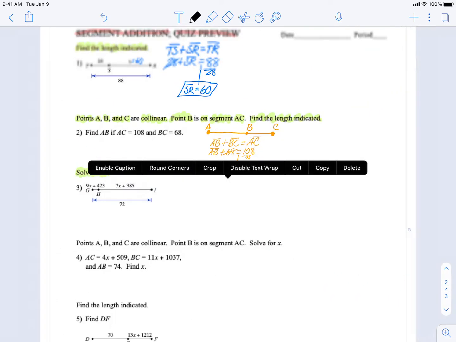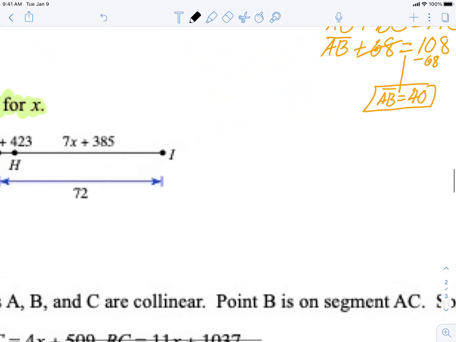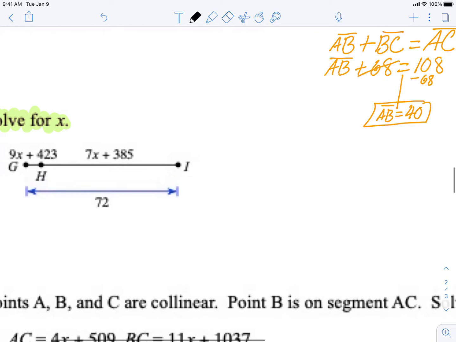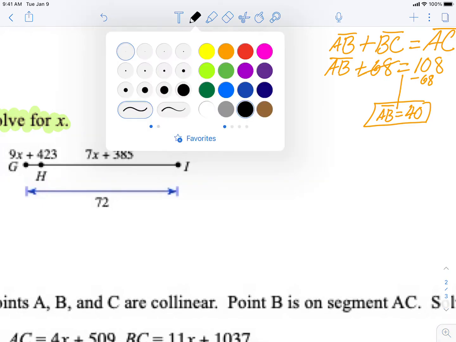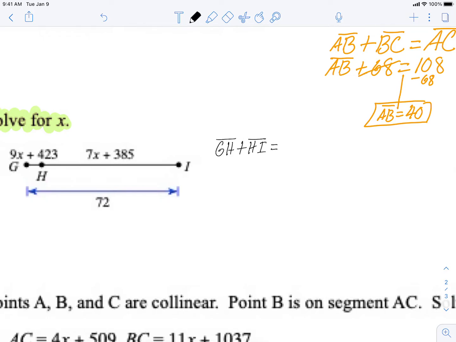Oh no, I hate when this happens. Okay, there, I figured it out. Let me write thinner here so I can fit it. GH plus HI is equal to GI.